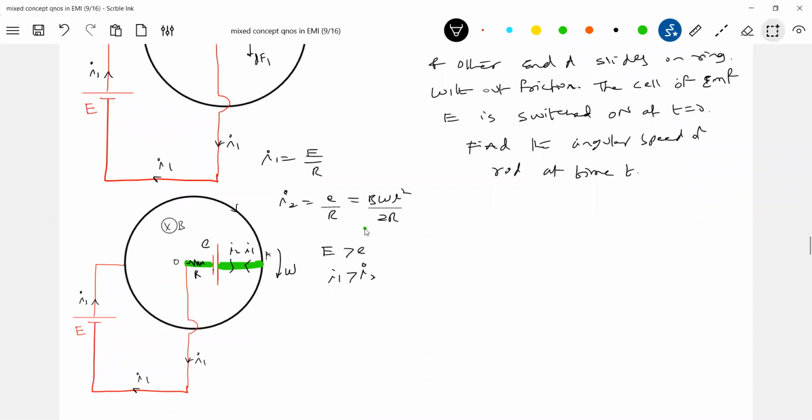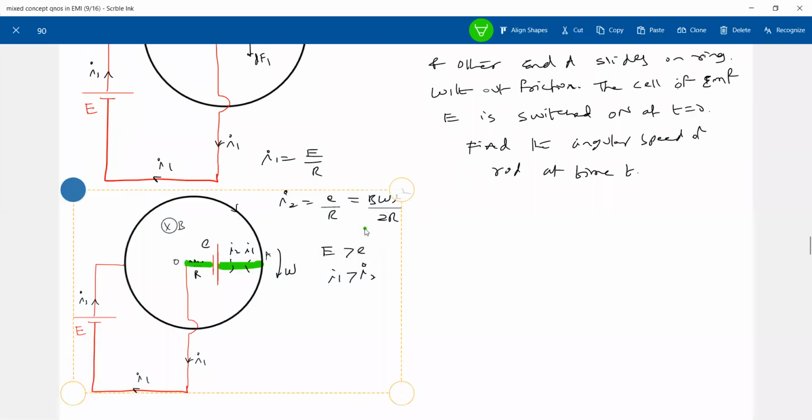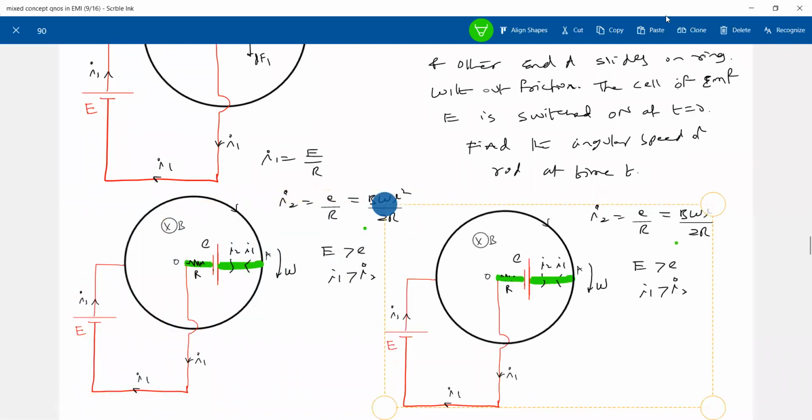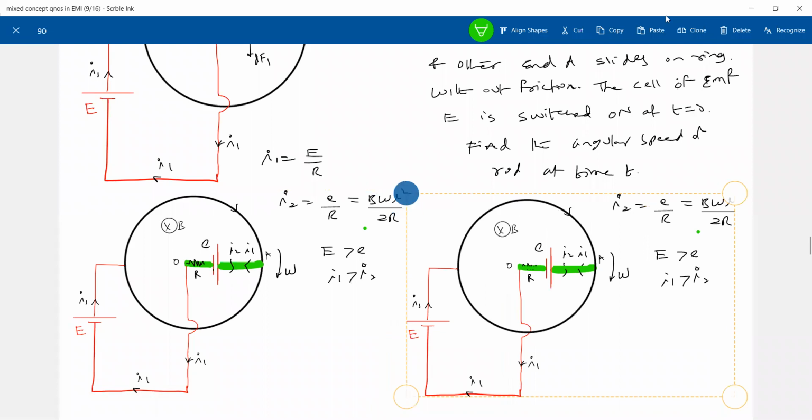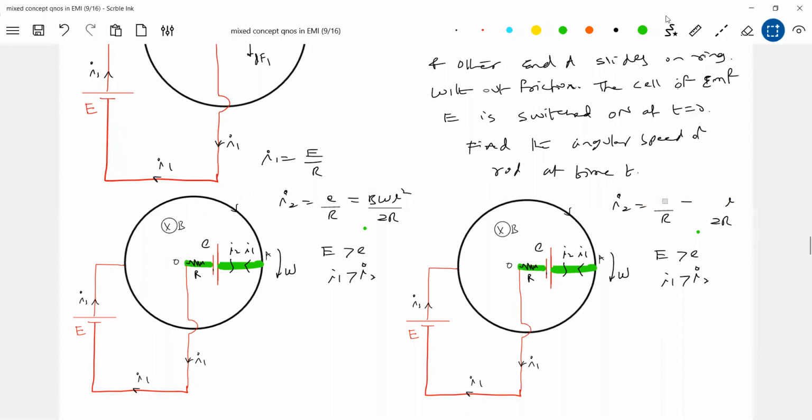Again, I'll go for one more diagram. So the net current in the circuit will be in what direction?